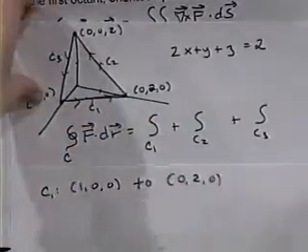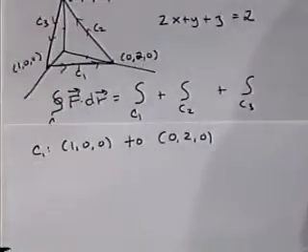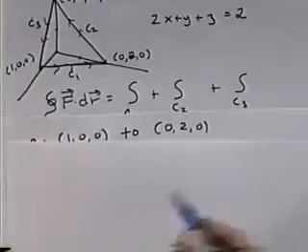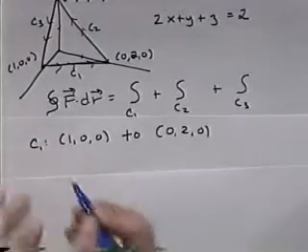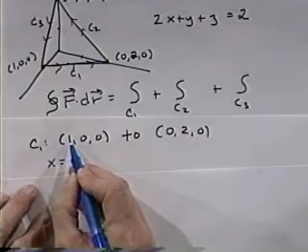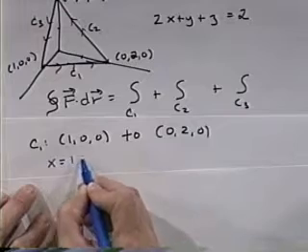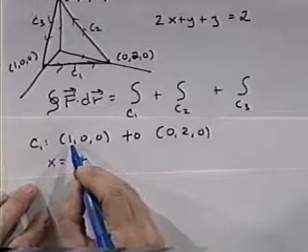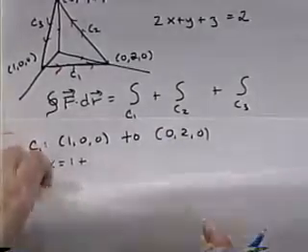So what's good is we have to remember, how do you represent a line segment parametrically? Let's just review. Your x is going to be your initial point, which is 1, plus, then subtract this one minus that one. In fact, let me just put the formula down for you if you have forgotten.